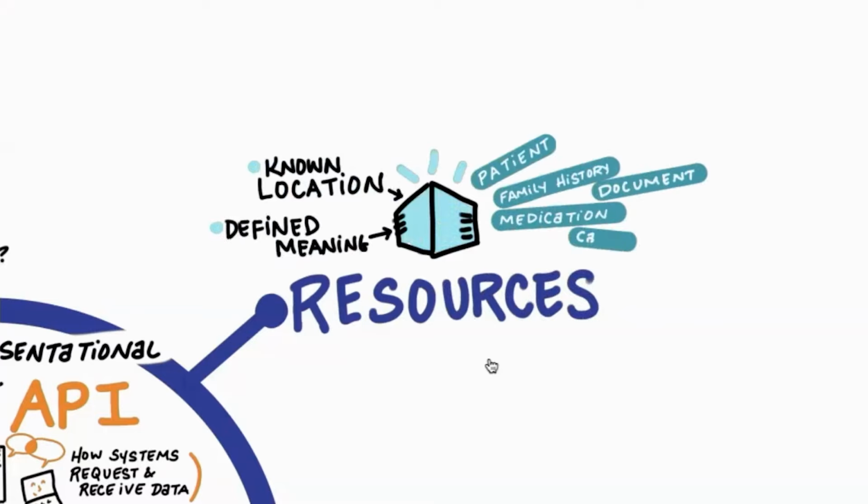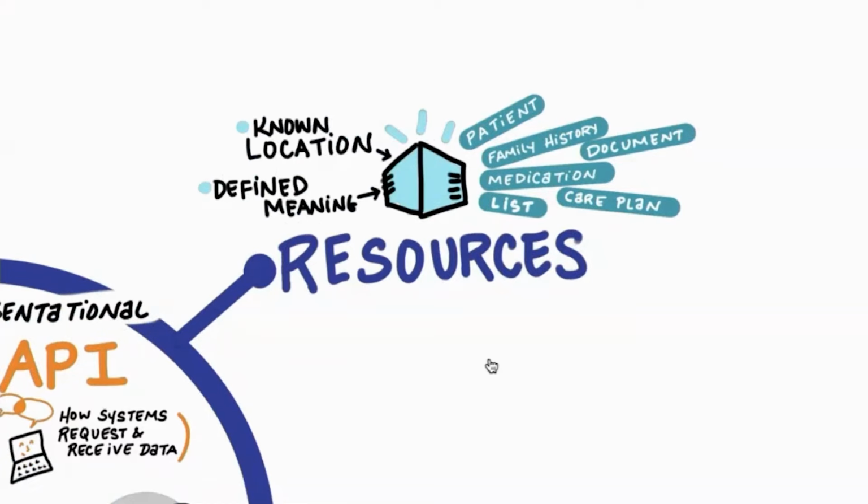And the first is resources. Resources are the basic building block of FHIR. They're the smallest thing that you can exchange in a FHIR data transfer. And that's resources as in URL. Remember, URL stands for Uniform Resource Locator.